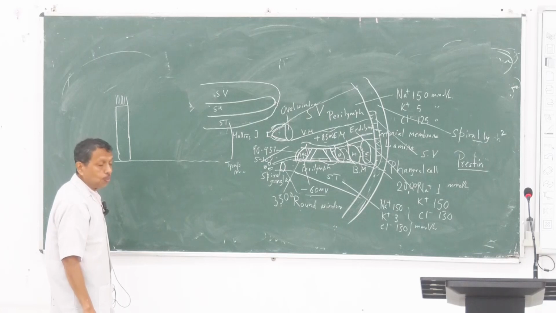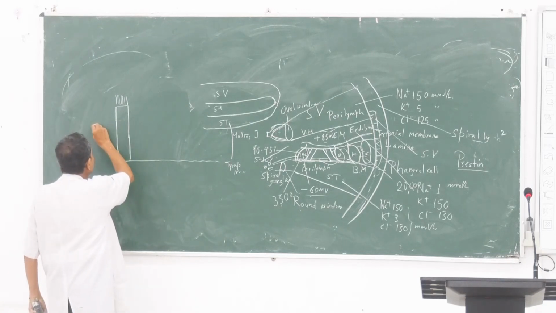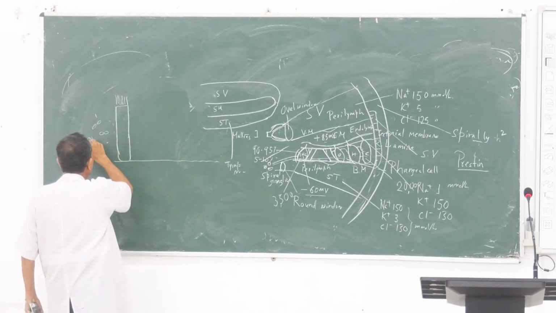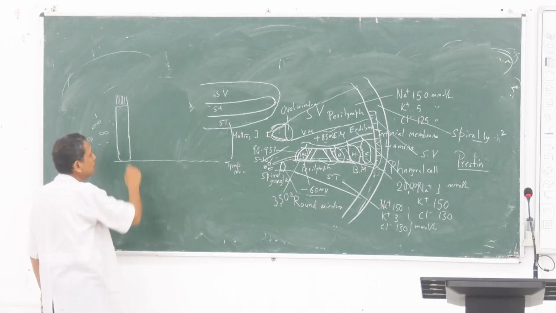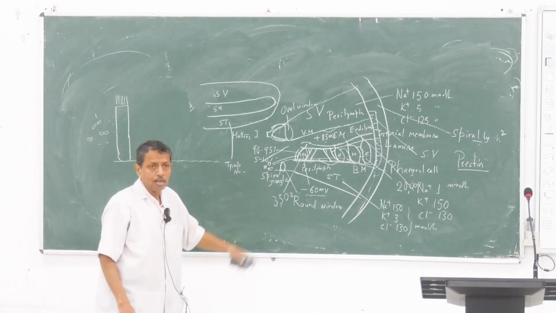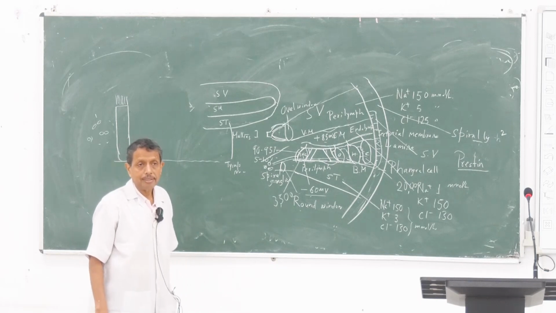It is a non-motile cilium with nine doublets and two centrally. It is called the kinocilium. In the cochlea, this kinocilium is absent, and all the others are stereocilia.